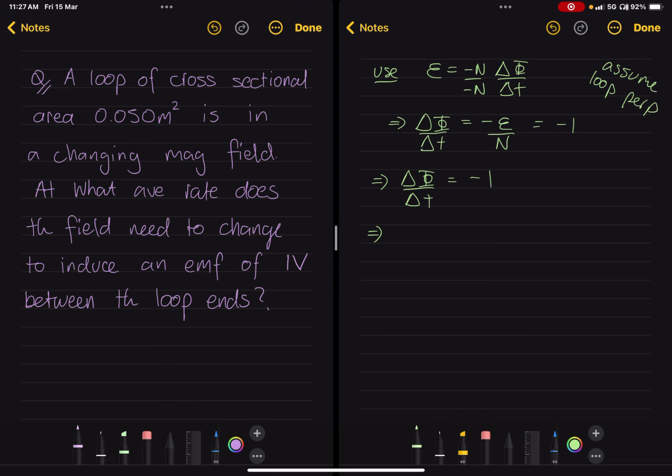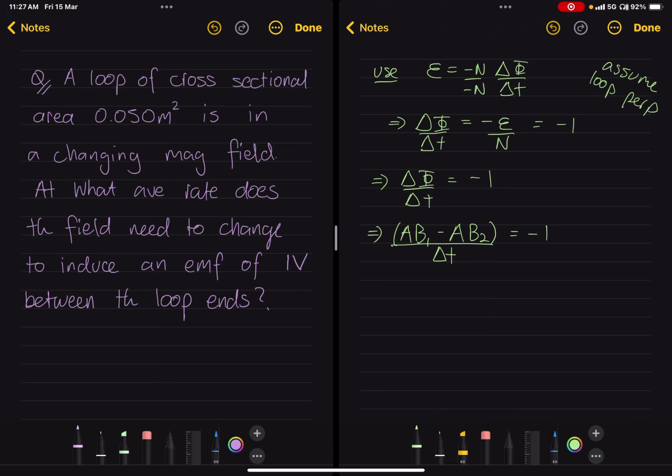So this means change in flux is going to be the area of the loop times the field at time 1 minus area of the loop times the field at time 2, divided by the change in time. And this is going to be equal to minus 1.